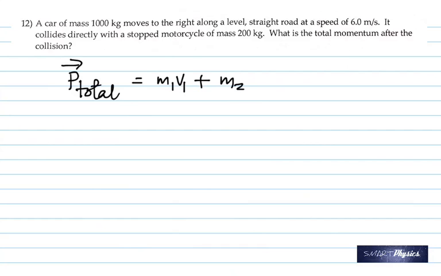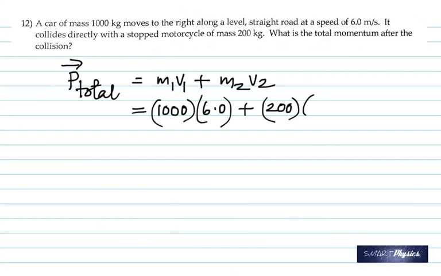And that's m1v1 plus m2v2. Which is 1000 times the speed, which is 6, plus the other one is not moving. So it's 6000 kilogram meter per second. That's the total momentum before.